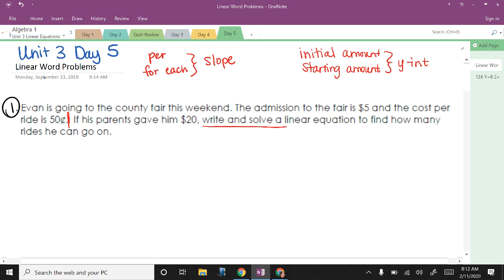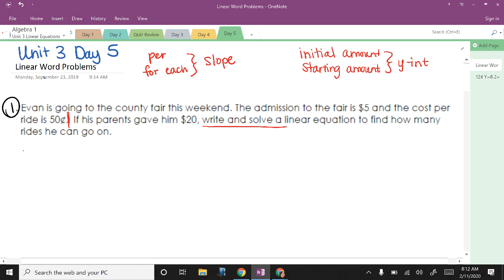So write means I need an equation, right? And equations have an equal sign, right? Do you see one of those clue words? Per. Per means what? Slope.